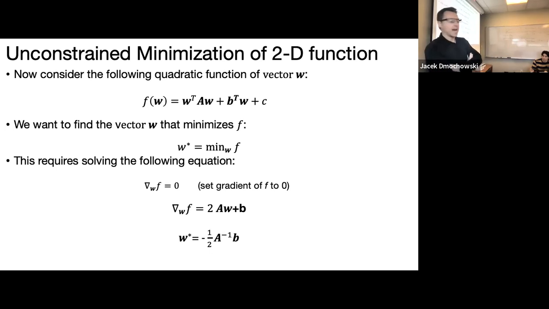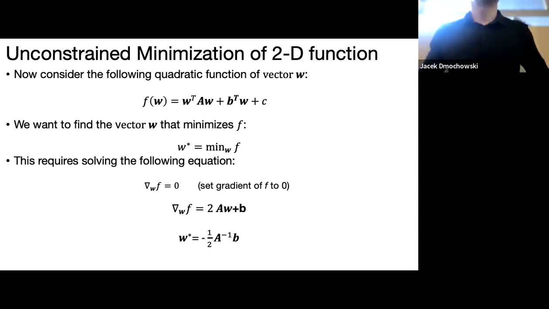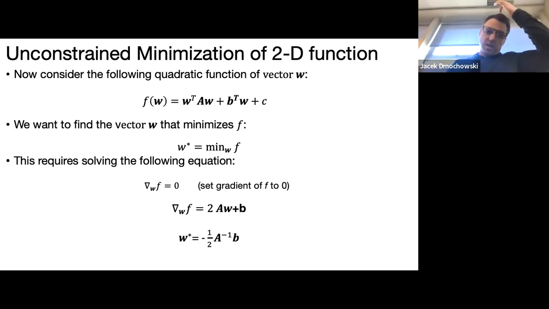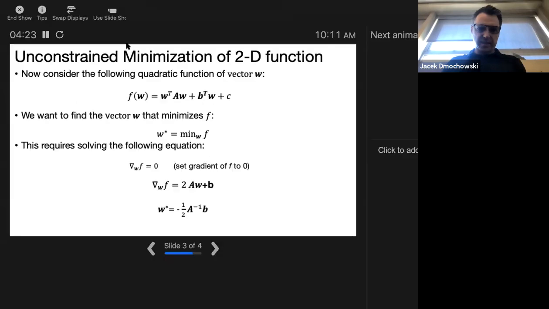The way to think about it is that it has to be a symmetric matrix. In two dimensions, the diagonals can be whatever you want, but the off-diagonal terms have to be equal to each other. These two have to be the same number. If it's not, then this will essentially not be a quadratic function.